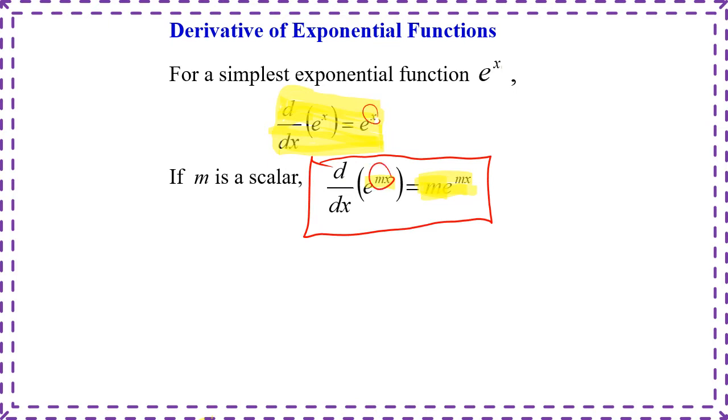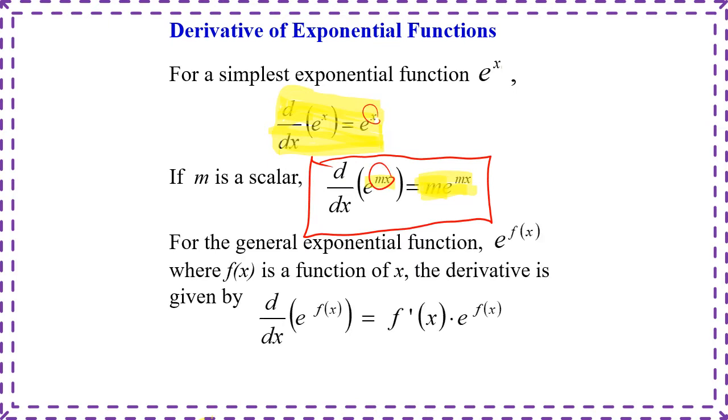Next, for the general exponential function e to the power of f(x), where f(x) is a function of x, the derivative is given by f prime x multiplied with the exponential itself, e to the power of f(x).